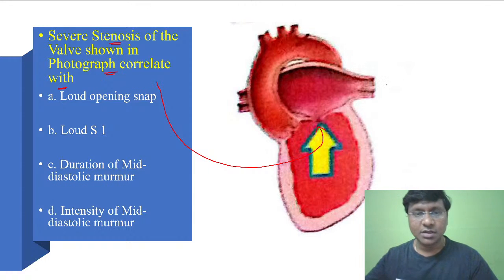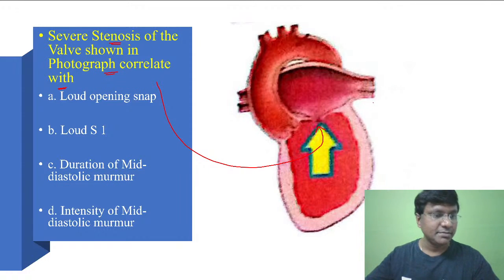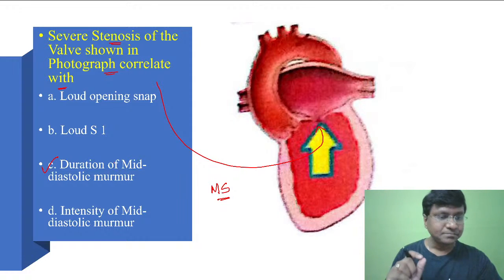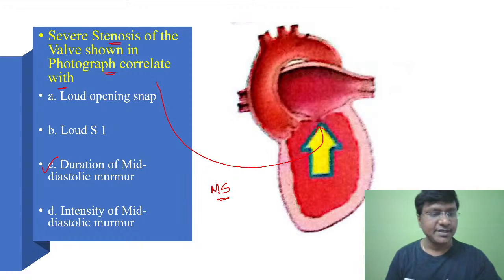First of all, which particular valve are we talking about? What is this disorder? It is mitral stenosis, and we have only one learner answering correctly. Very good, Maria Khan. That is duration of mid-diastolic murmur. How will you assess the severity of mitral stenosis?